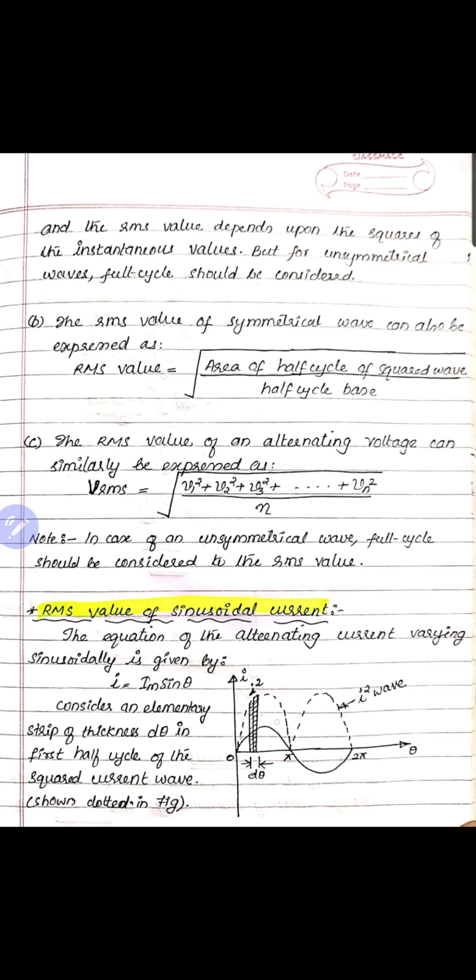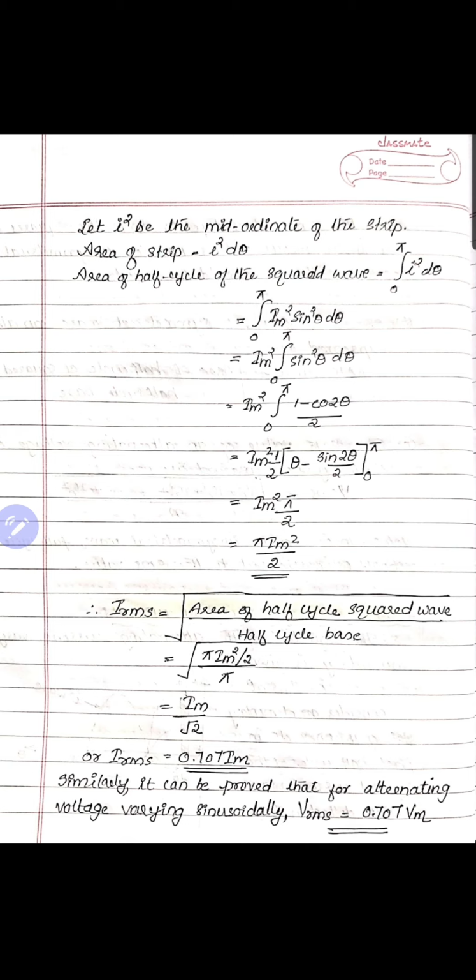Consider an elementary strip of thickness d theta. This is the d theta, in the first half cycle of the squared current waveform. Let I square be the mid-ordinate of the strip, as we discussed in the average value. Area of strip is nothing but I square d theta. Area of half cycle of the squared wave we get by integrating the area of strip.